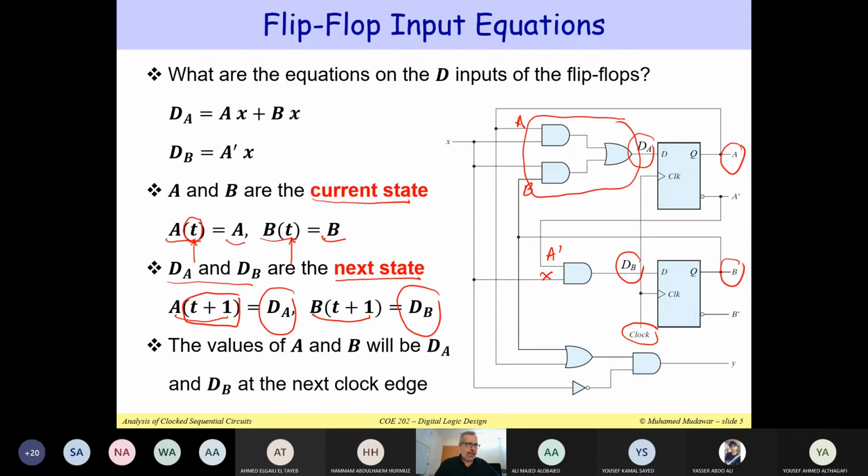Time is very important in the case of sequential circuits because we are using a clock. These memory elements are synchronized with the clock, and this means that we change the outputs of these flip-flops cycle by cycle. We change A and B, and the value of A at t plus 1 and B at t plus 1 will be DA and DB.